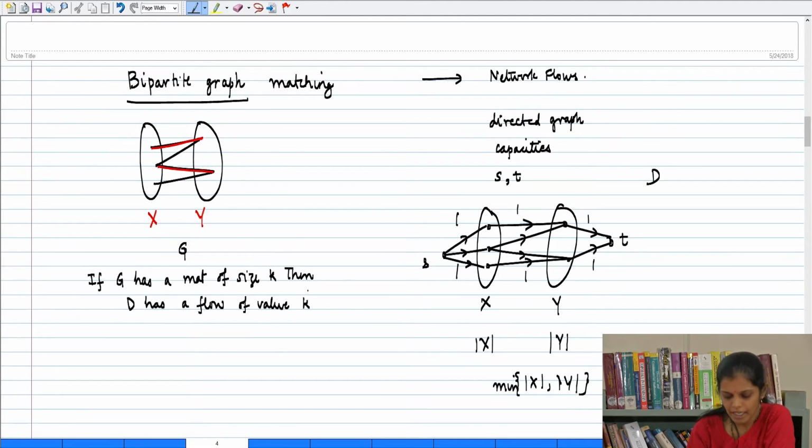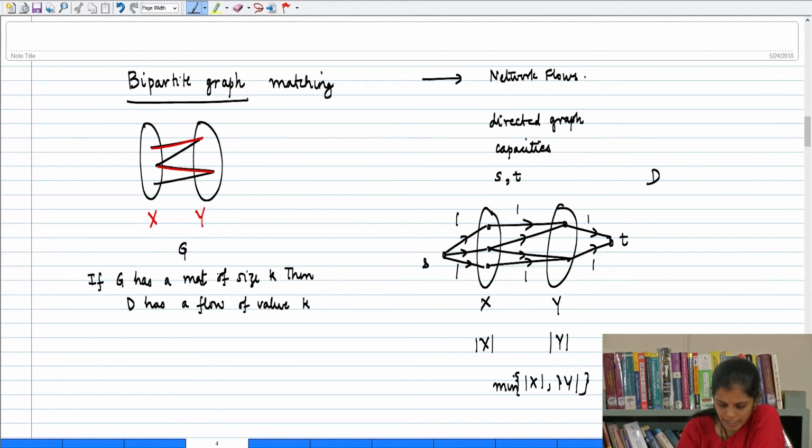K. Remember, I have never said that it has a maximum matching of size K. It just says that if you show me some matching of size K, I will be able to exhibit a flow whose value is exactly equal to K. So is this simple enough given the way we have set up our flow network?